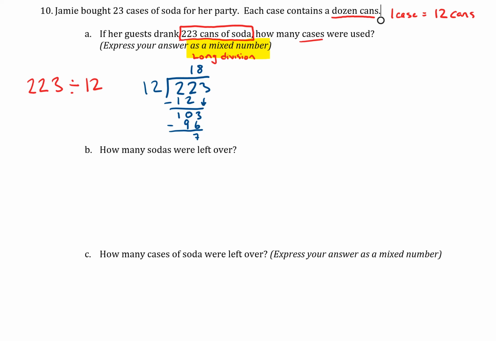So if we take 223 divided by 12, we get 18. So let's convert this to a mixed number. We get 18 with a remainder of 7 out of 12. And that's the number of cases used.